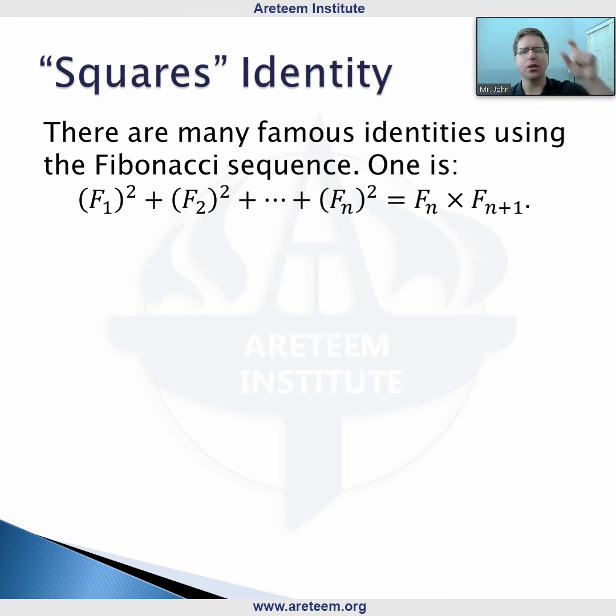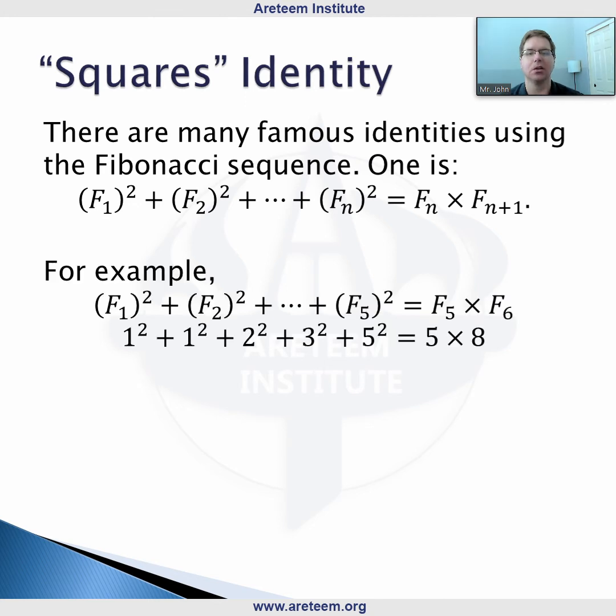If you add up all the squares of the first however many Fibonacci numbers, you actually get that Fibonacci number times the next one as your result. So as an example of this, let's look at the case where n is equal to 5. So suppose you add up the squares of the first 5 Fibonacci numbers, which we know from before are 1, 1, 2, 3, 5. And then when you add up those squares, you should get the 5th Fibonacci number times the 6th Fibonacci number, which is 5 times 8 in this scenario.